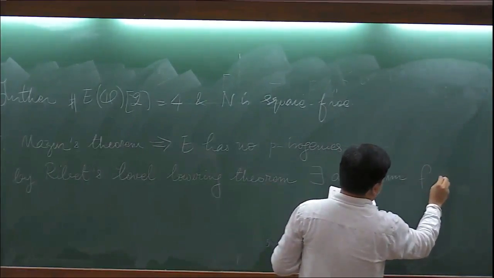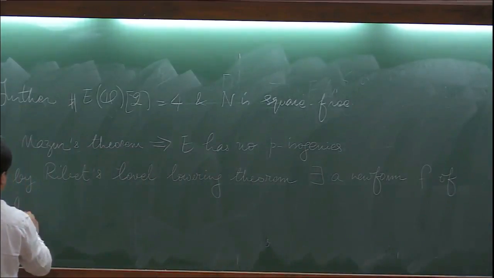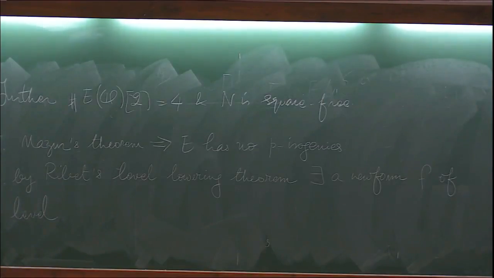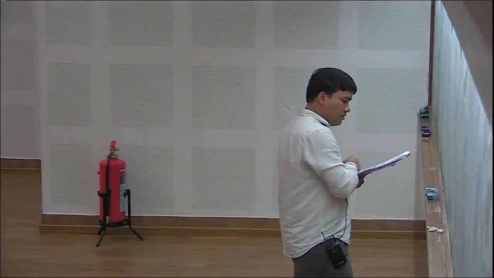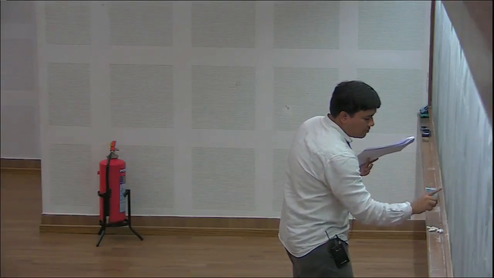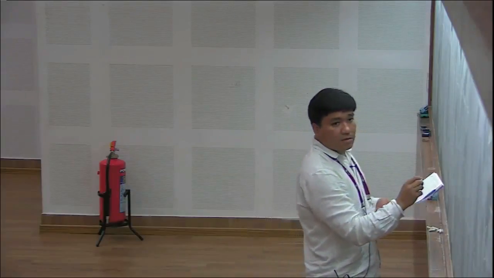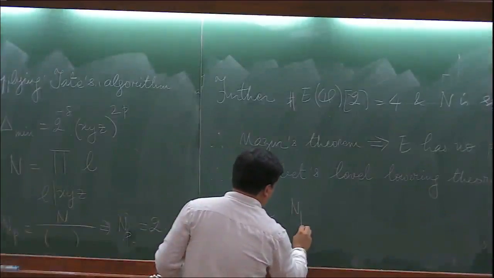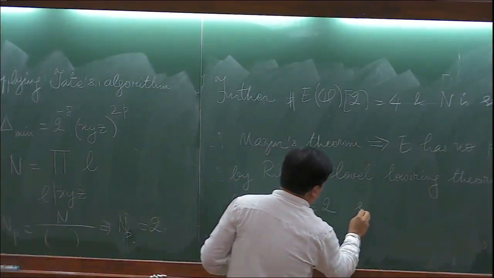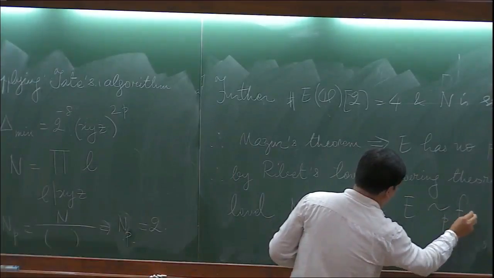f of level NP, which equals 2, such that E is congruent to f mod p.